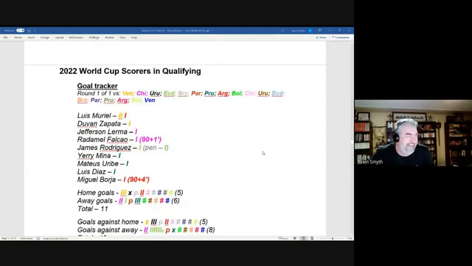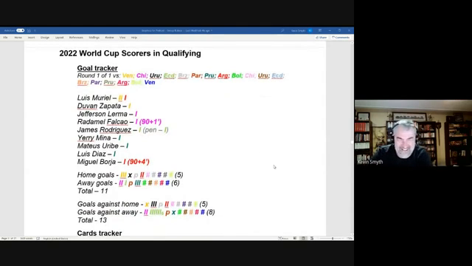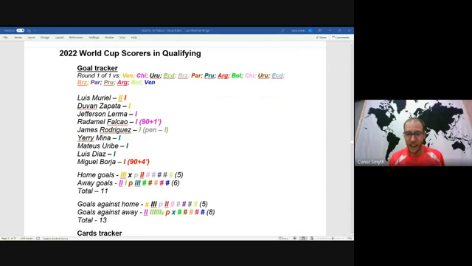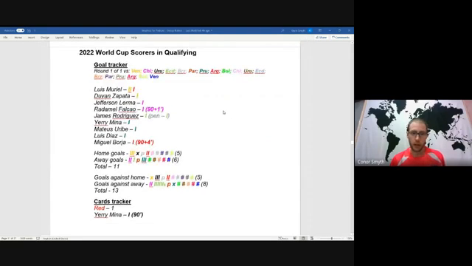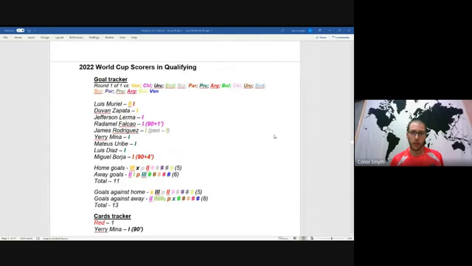Do you want to move on to players? Yeah. So their top goal scorer in World Cup 2022 qualifying is Luis Muriel. Also on that list is Duvan Zapata, and both play for Atalanta in Italy. Radamel Falcao is Colombia's leading goal scorer in their history, but he's injured and so won't be participating in this tournament, as is James Rodriguez.